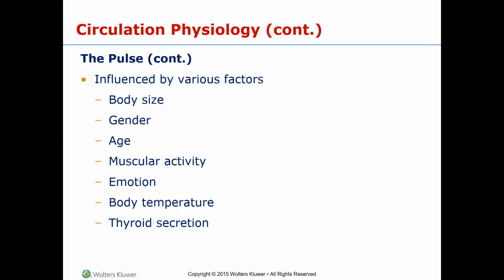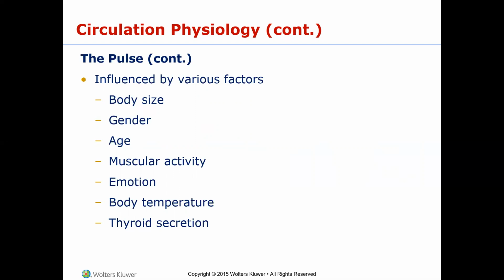Some of the things influencing our pulse is the size of an individual. Small people have a faster pulse than larger people. It's usually slightly faster in women than in men. Muscular activity will determine our pulse rate. During sleep, it slows down.